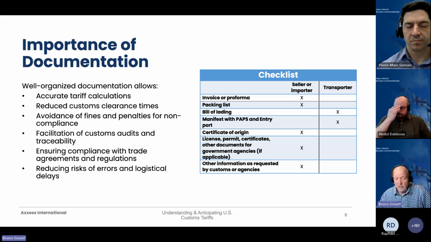I want to emphasize here a few critical points concerning the commercial invoice and the pro forma invoice. It is very important that you clearly indicate who is the importer of record on your documentation. Also, you need to clearly identify who's the customs broker. Ideally, us, Access International.